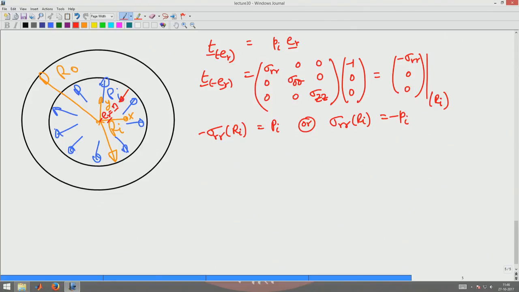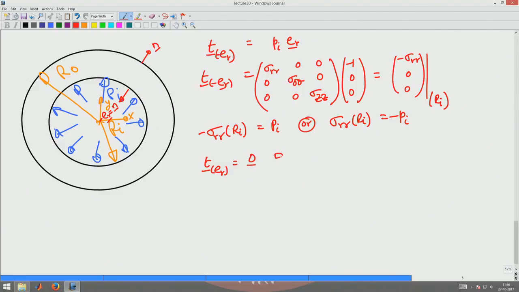Now, similarly at the outer surface I am applying no traction. So, T of e_r, at the outer surface the normal is that, a positive e_r normal. So, T of e_r is the zero vector.